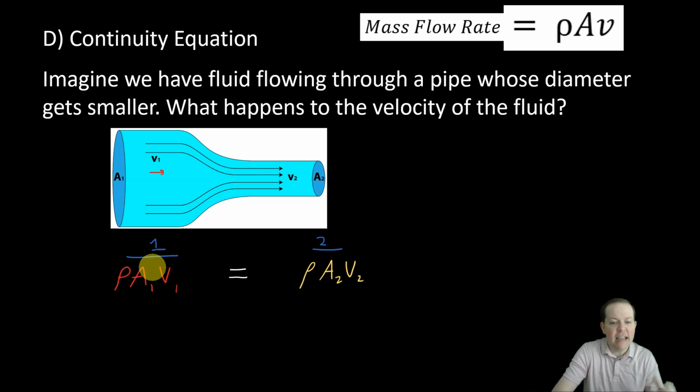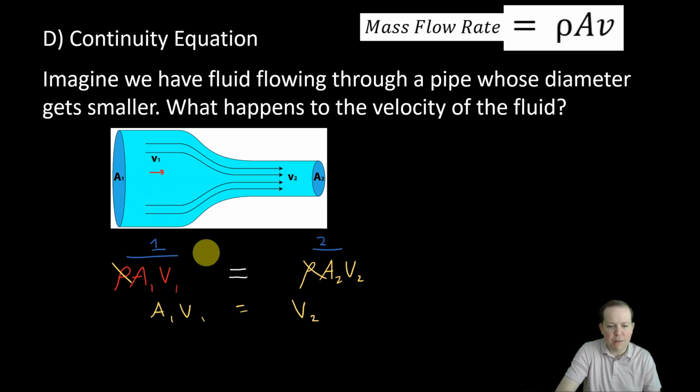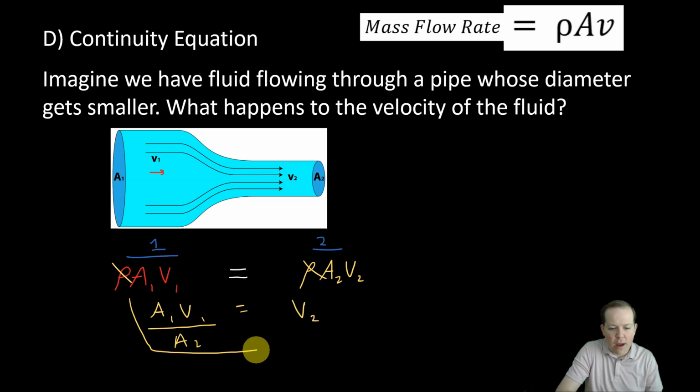Now, it's the same density, it's still water, so I can cross those two things out. If I solve this for V2, well, that's equal to the cross-sectional area A1 times V1, the speed of the water here, and I'm going to divide by A2. So here's my equation. Sorry, I have some slanted handwriting going right here.